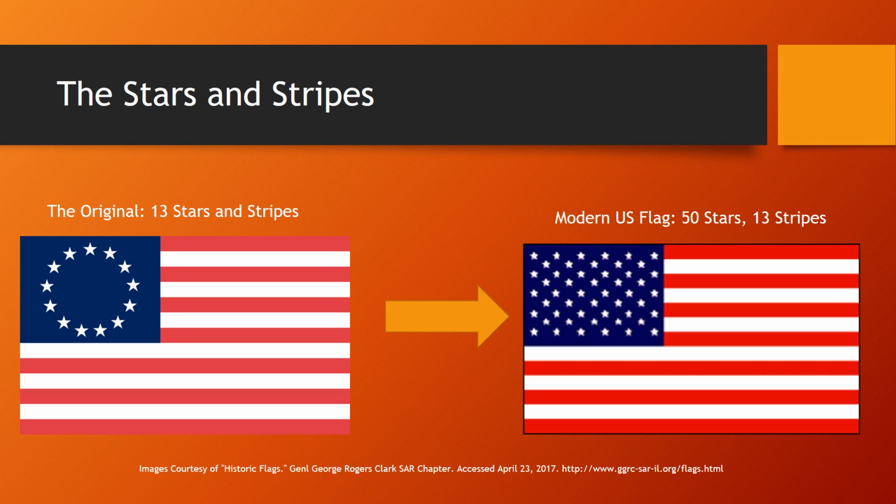And as we've seen with some of the other symbols, like I mentioned with the Liberty Tree, this was a tree that they hung loyalists from, which has more of a negative connotation, but it was made into a more positive symbol.